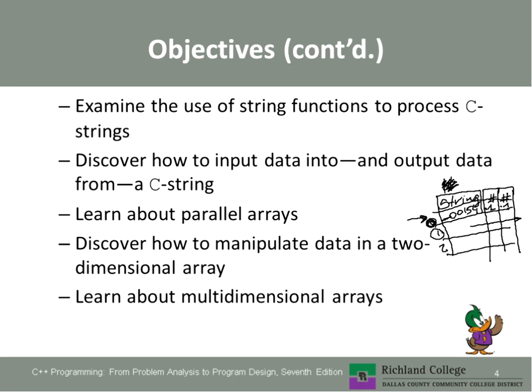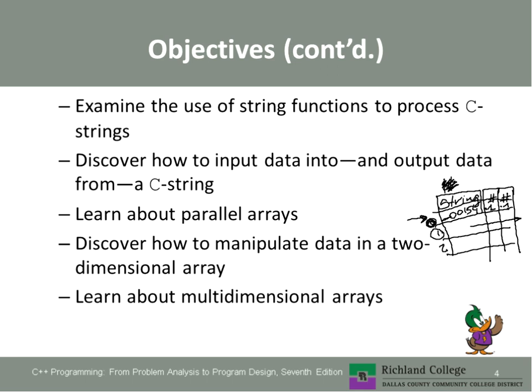So a parallel array is basically taking arrays with different data types, but each array item refers to a specific customer. The corresponding index value throughout all the arrays that relate to each other stores specific information about one specific item or one specific customer. So it's going to be a different way of looking at data.